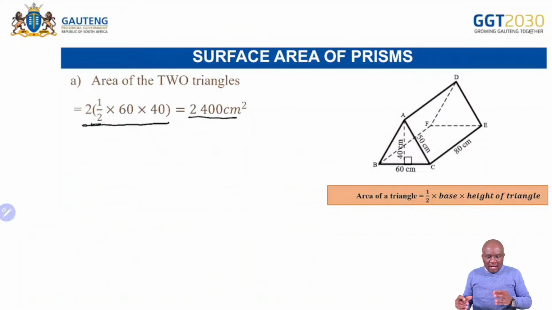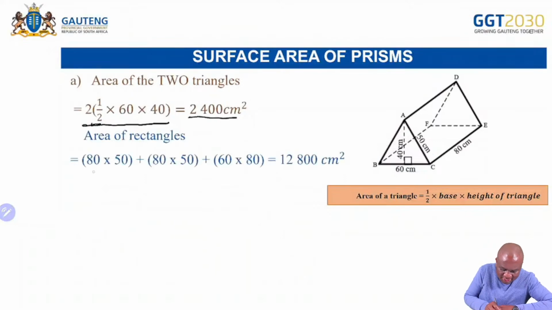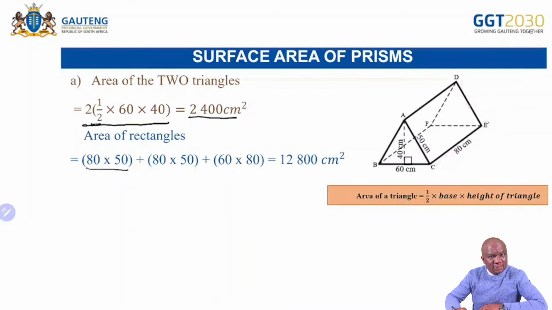Now we can find the areas of the 3 rectangles, the first being 80 times 50. Which rectangle is 80 by 50? Rectangle ACED. Do you see rectangle ACED is 80 by 50? And then we have also rectangle ABFD.